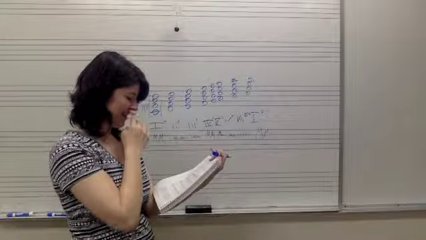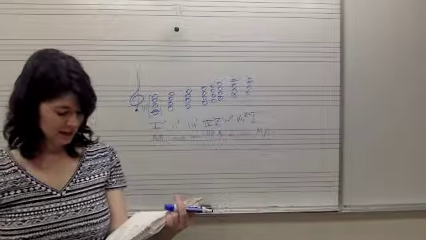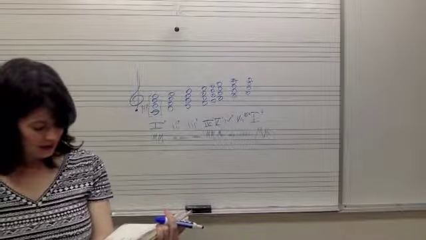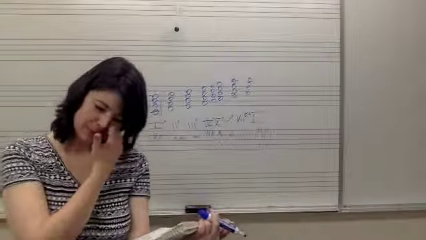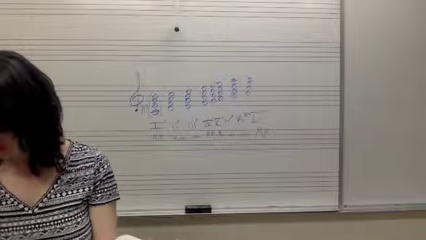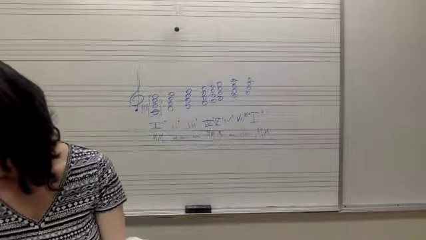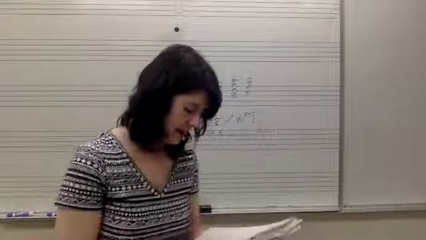So the 7th in a natural minor scale is going to be another dominant sort of 7th sounding. And again, this will replace a dominant 7th oftentimes because it's got the same chord structure. But it's for A minor.